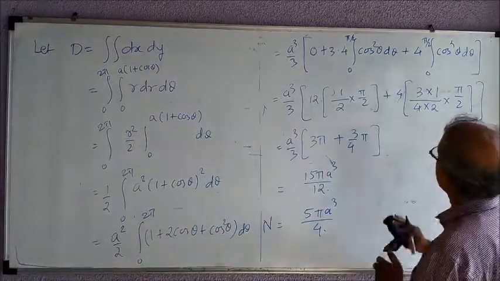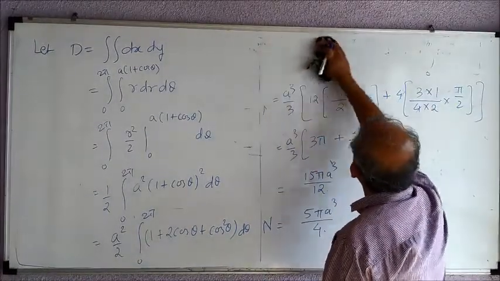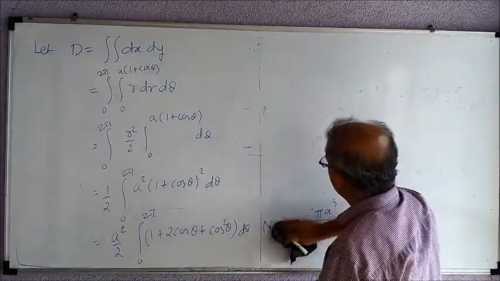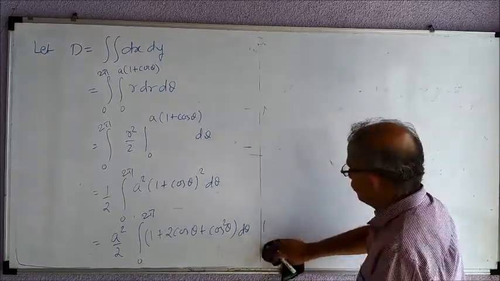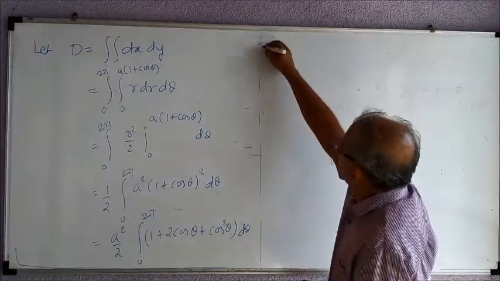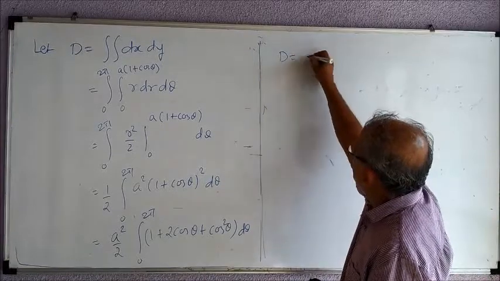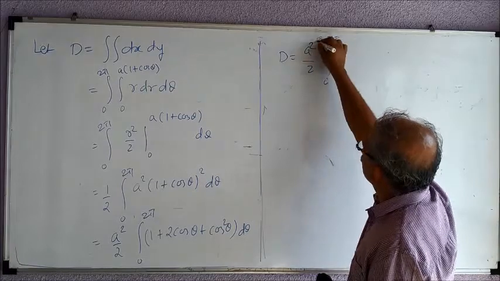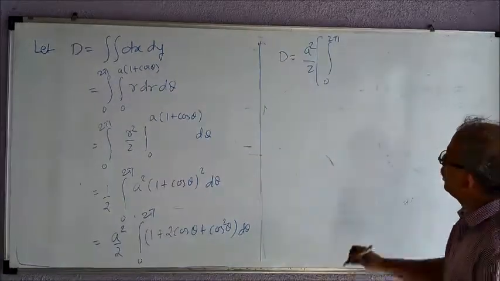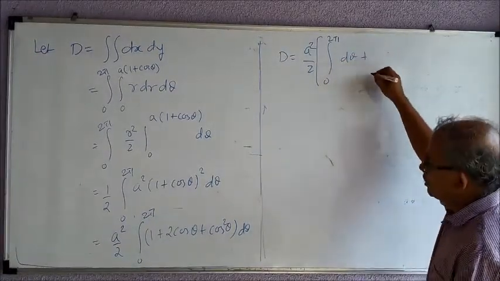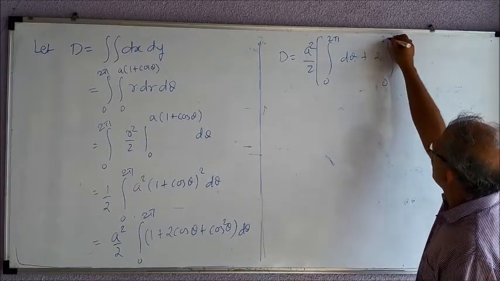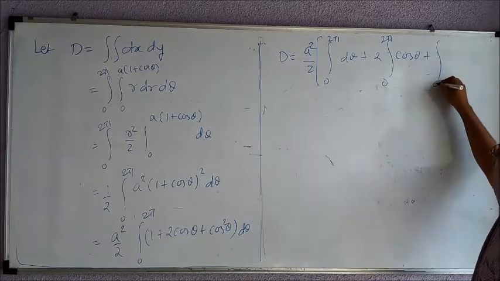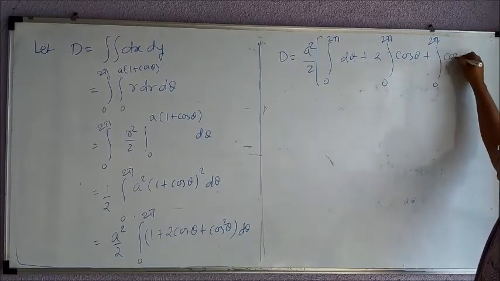Now let us separate the integrations: b is equal to a square by 2 integral 0 to 2 pi d theta plus 2 integration 0 to 2 pi cos theta plus integration 0 to 2 pi cos square theta d theta.